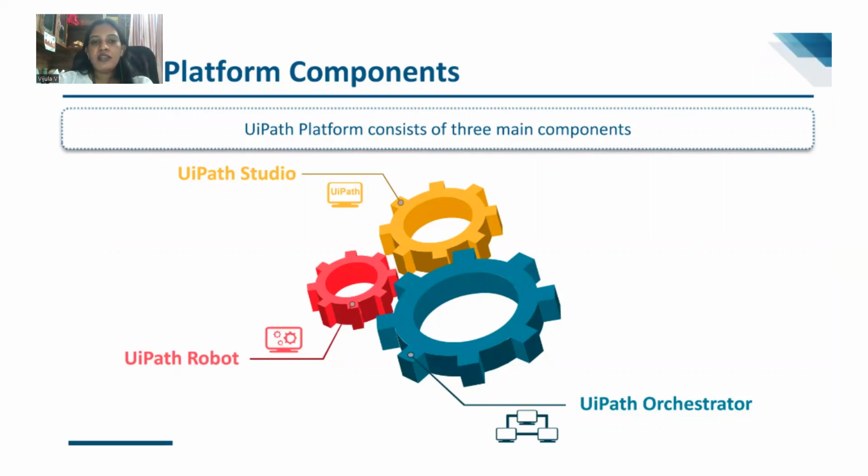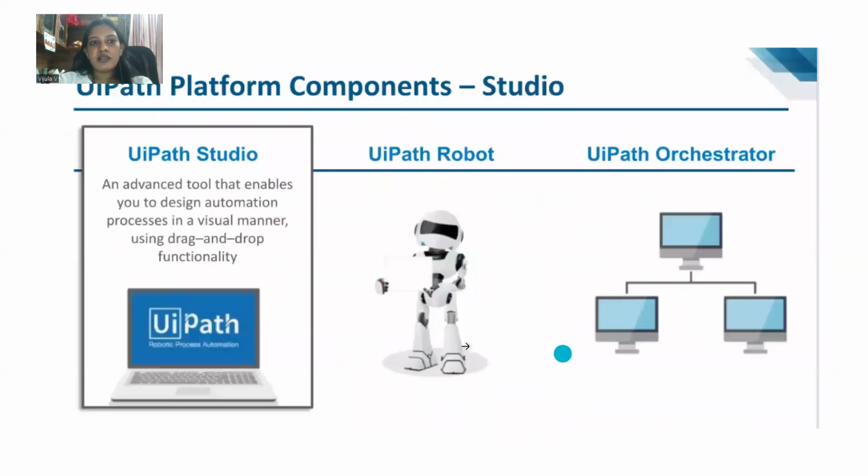UiPath Studio is the tool that we are using. What are we using it for? We are using the drag and drop functions, and it also has a very good visual manner which helps in designing the automations for the processes. This is what UiPath Studio does.